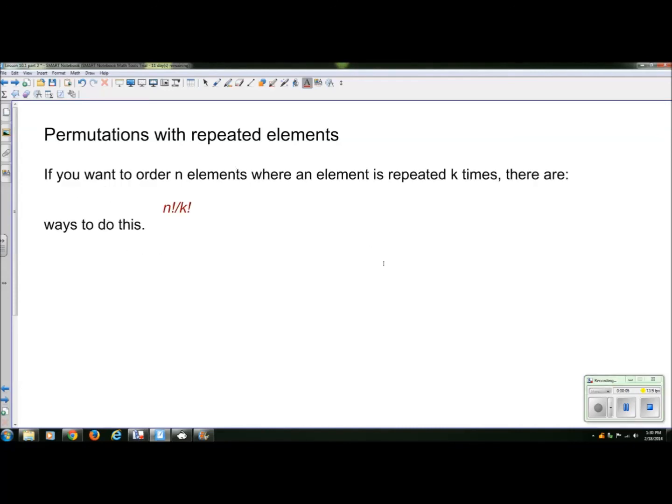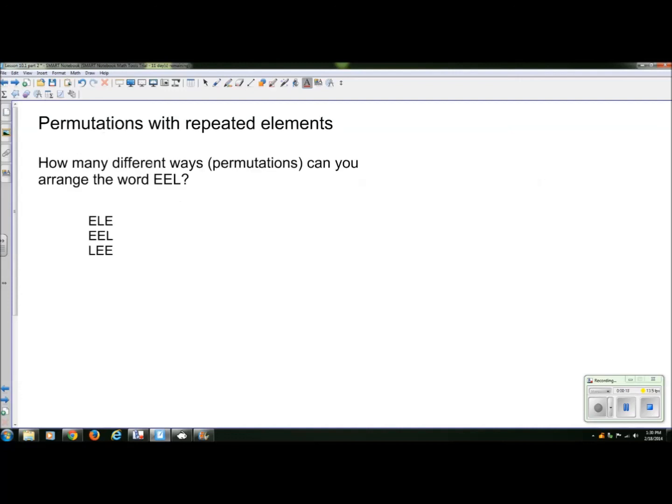In fact, if you want to order n elements where there's an element that's repeated k different times, there are n factorial divided by k factorial ways to do this. So if we look back at that, there are three things we have here, and one of the things is repeated twice.